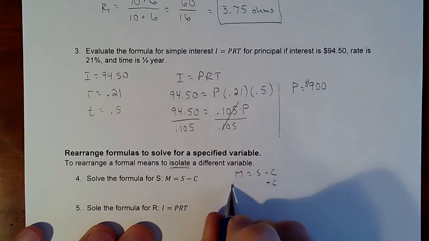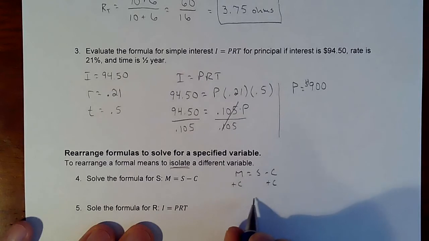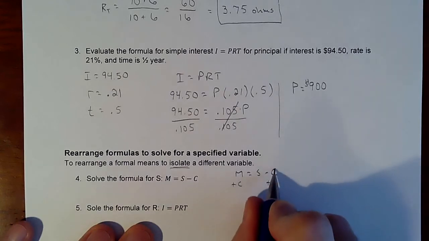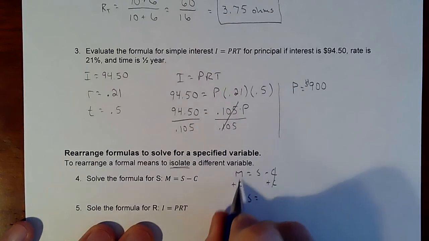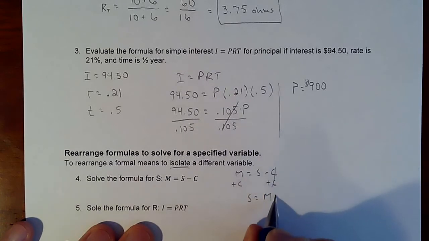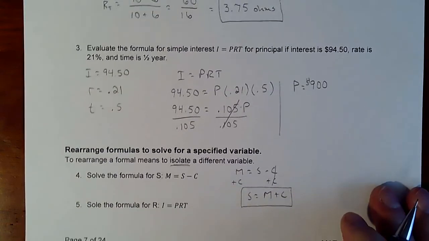So we'll add C to the other side. Now the difference here is we can't add those two together. So since we can't add those two together, that's okay. Our S is going to be by itself and the best we can do is that. It could be C plus M or M plus C, the order doesn't matter because it's addition.